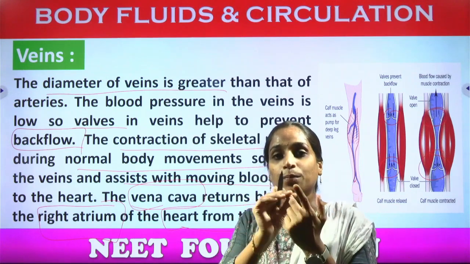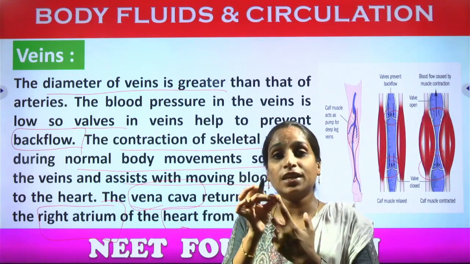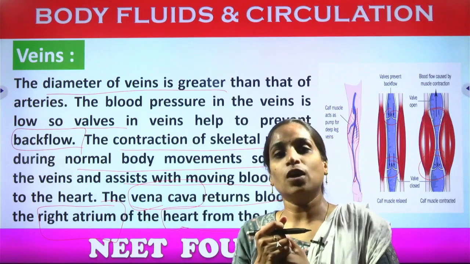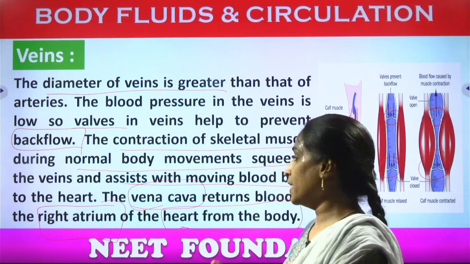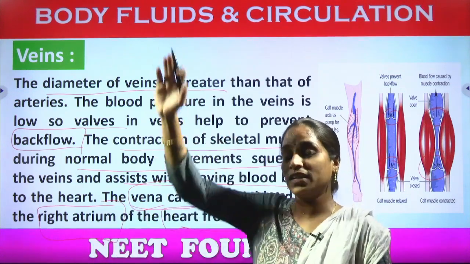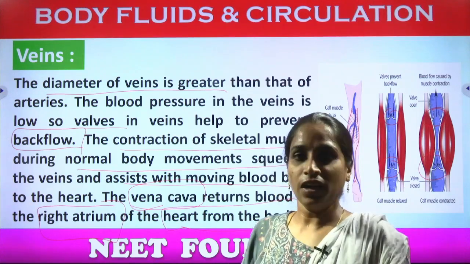One is the primary product, which is utilized by the body itself, and the secondary product is the waste product, which has to be removed from the body. So those waste products are collected by the veins and sent to the heart, and the heart sends them to the lungs through the pulmonary artery.